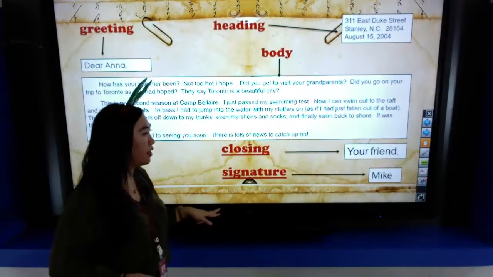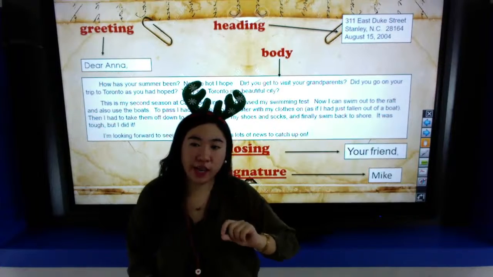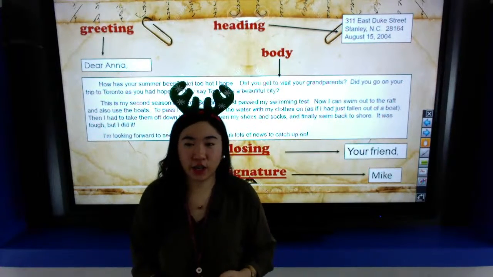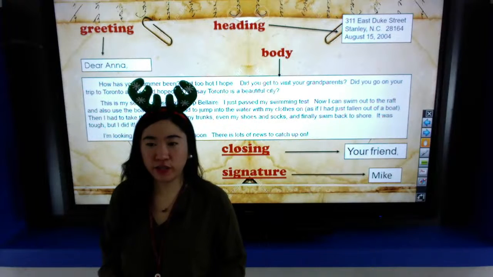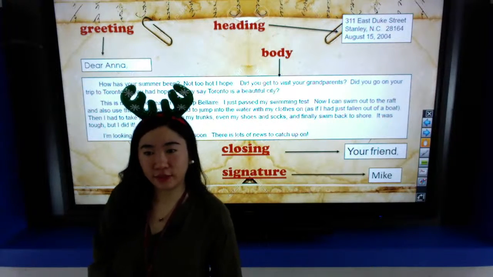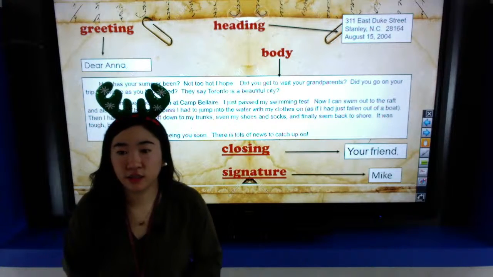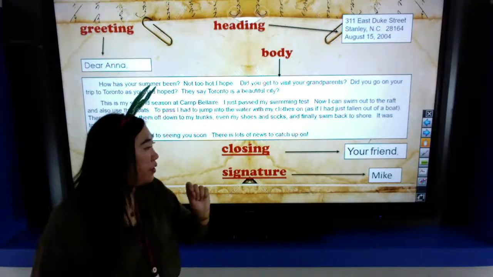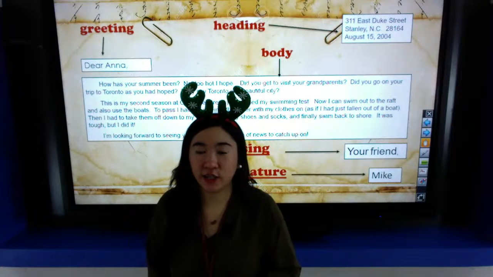And the last two parts, how about it is where you write the name of the sender, the one who is writing the letter? Closing, the one before you write the name of the sender.